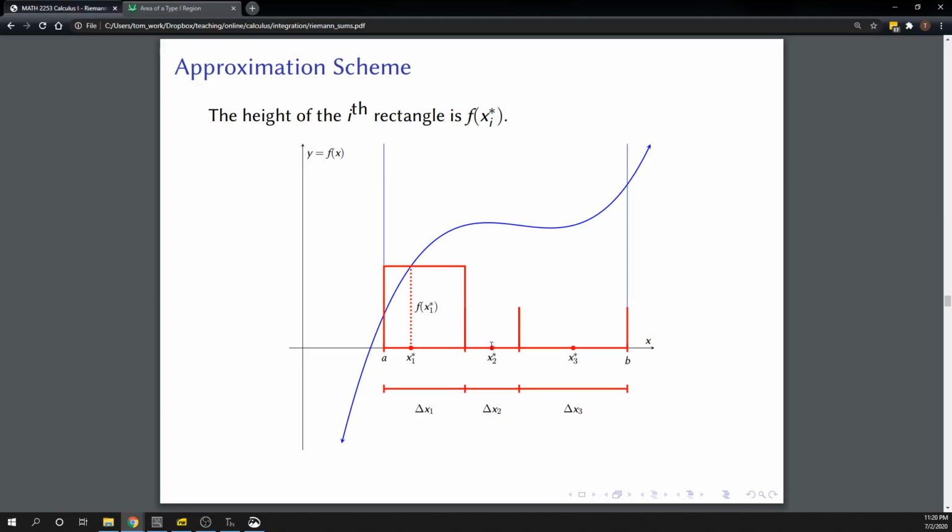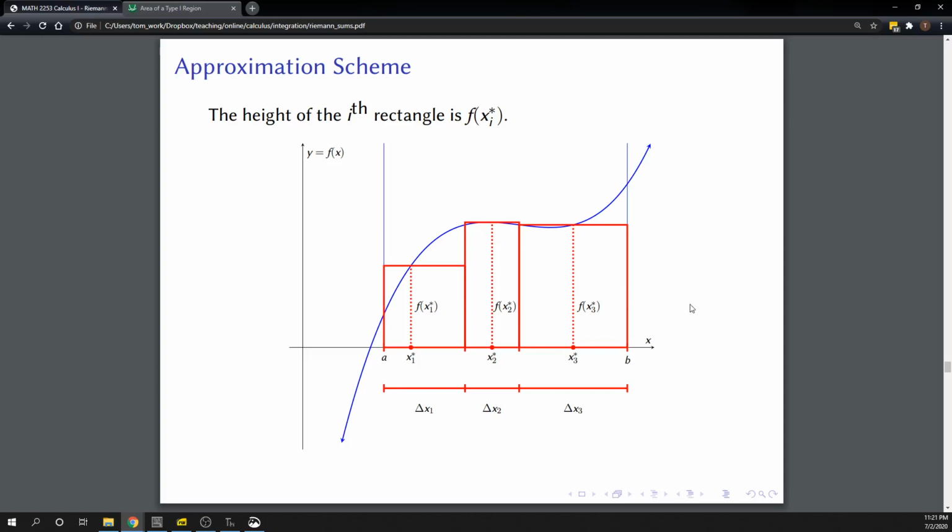I take this and go straight up to where the function is, or down if it's down below, and that's where the top of the rectangle is going to go through. And I have a nice neat formula for what that is. I just take this number and plug it into the function f. That will give me how high this rectangle is, and then I finish it off. Same thing here: go up to the function, put the roof of the rectangle right through there, and this would tell me how high up the rectangle is.